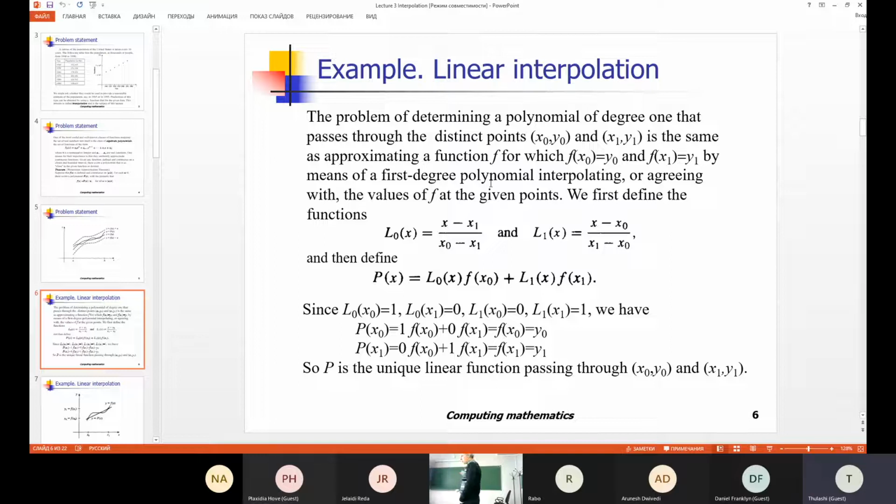What is the degree of this polynomial? Of course, it's written on the board, it's degree 1, but why is this degree 1? Because this formula looks different. It's not in a general form of the polynomial. Can you explain why the degree of this polynomial is 1? Not 2, not 3.